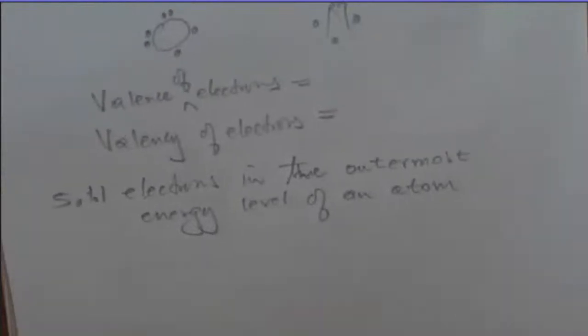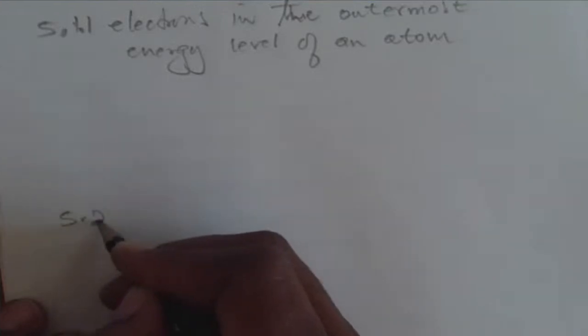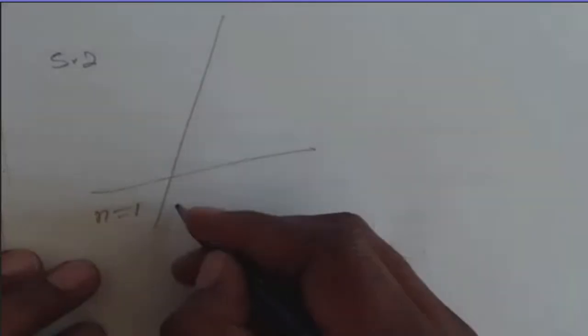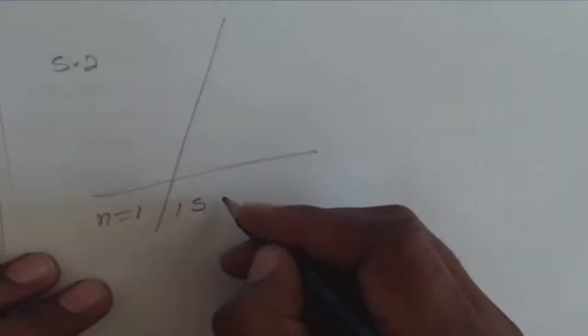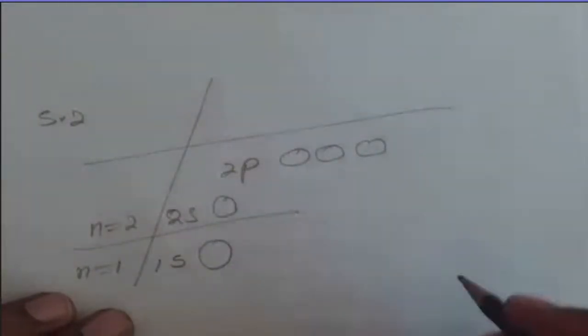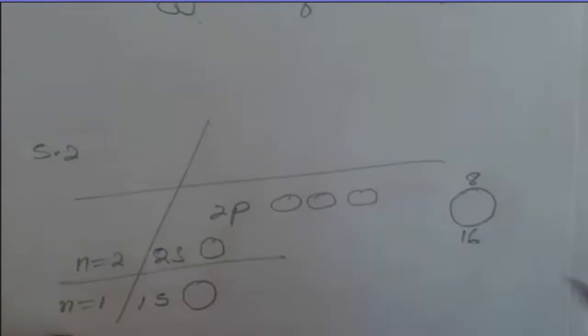So to draw 5.2, I'll have energy levels 1s, 2s, 2p. Remember oxygen: I start with what I know, atomic number 8, then 16. But now this is O2 minus.